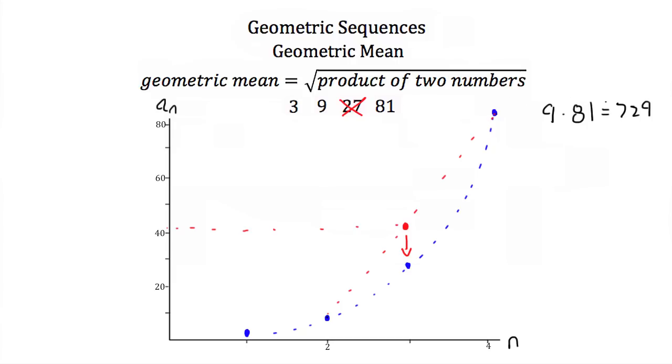Then we take the square root of that multiplication, so the square root of 729. And if you take the square root of 729, you'll get 27, which is what we were hoping to find. So if you have a geometric sequence and you're missing a term, you have to use the geometric mean to find that term.